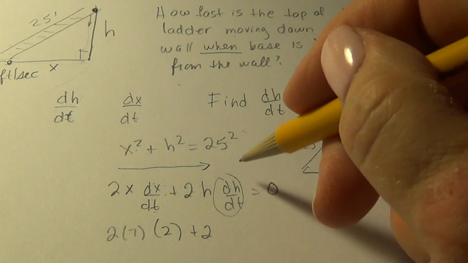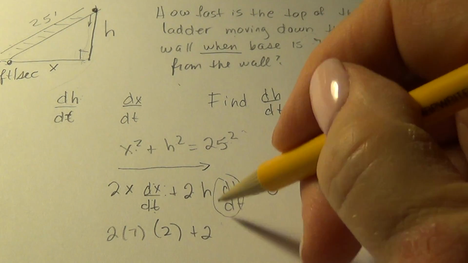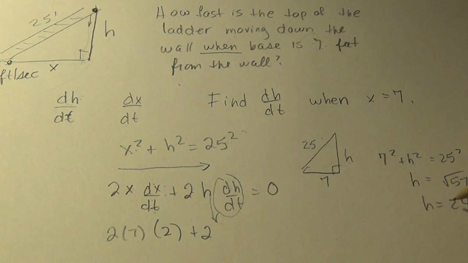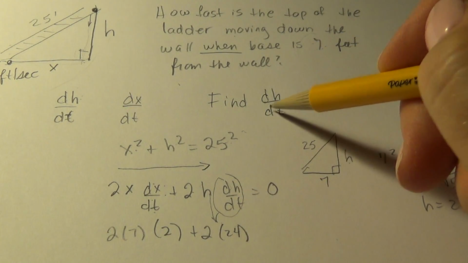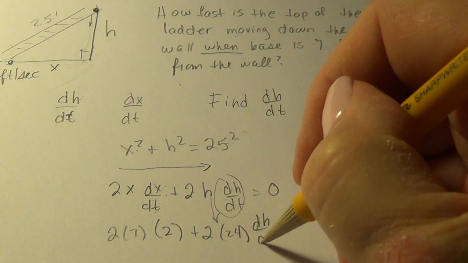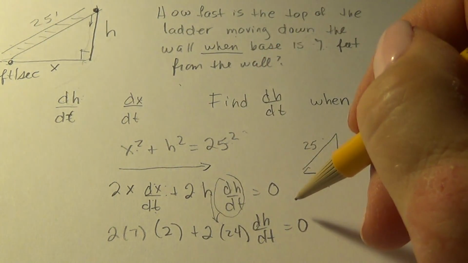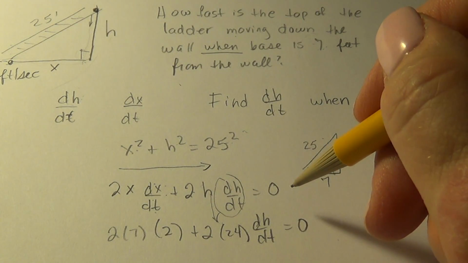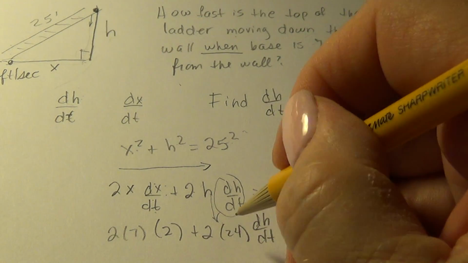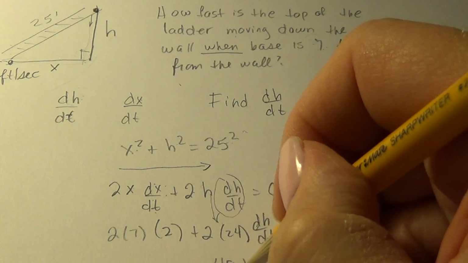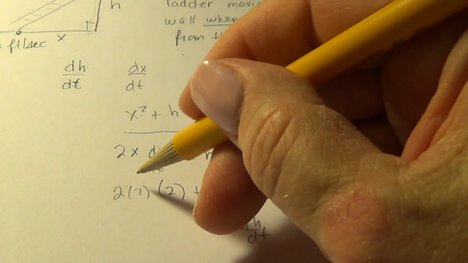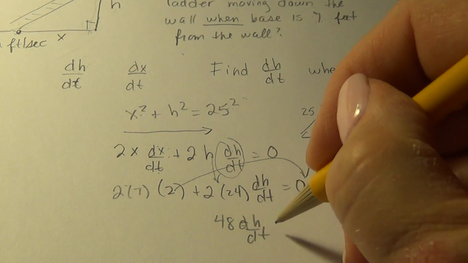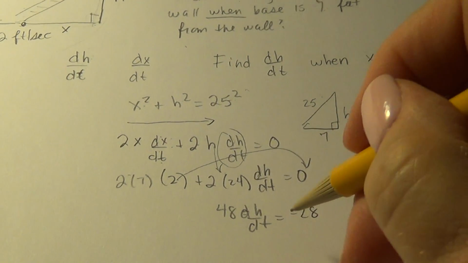So I'm going to go back here, and h I have now calculated for this moment in time. It's 24. dh dt is what I'm looking for. And now I just solve for dh dt. So I move 2 times 7 times 2, which is 28, over to the other side, and this is 48 dh dt, and divide by 48.